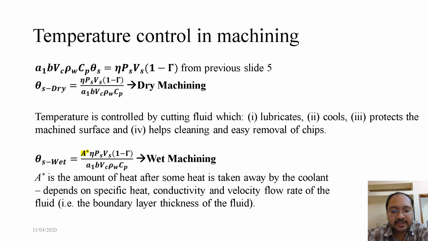Now to rewrite the heat balance equation for wet machining, we only add one term, the A star. If you can see here in the numerator, there is an A star, which is the amount of heat after some heat is taken away by the coolant, and it depends on the specific heat, conductivity and velocity flow rate of the fluid that comes from the boundary layer thickness of the fluid.